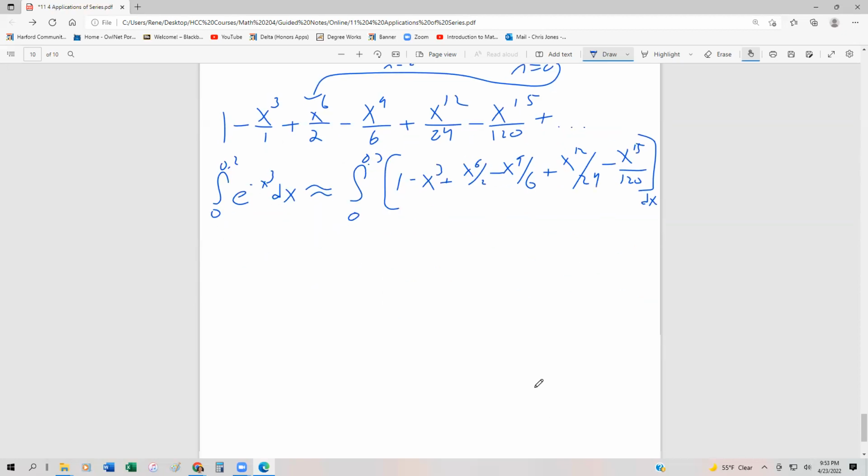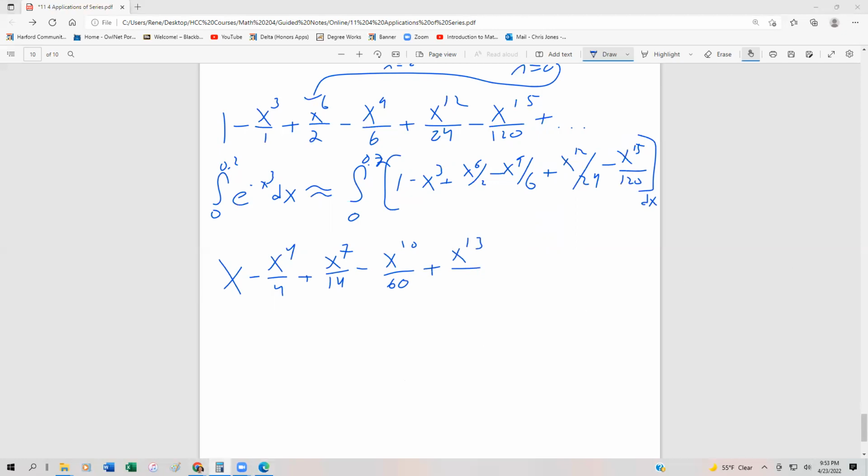And so when we integrate term by term, and this is from 0 to 0.2 by the way, that's going to be x minus x to the 4th over 4 plus x to the 7th over 14 minus x to the 10th over 60 plus x to the 13th, and then 13 times 24.